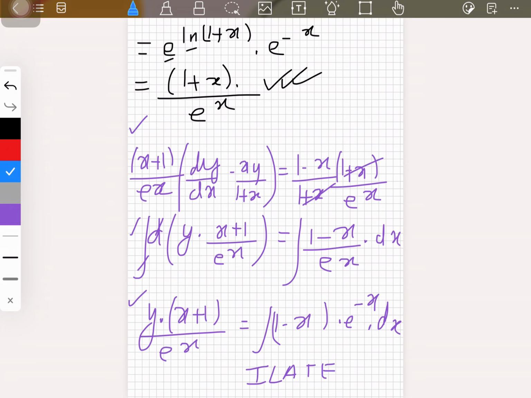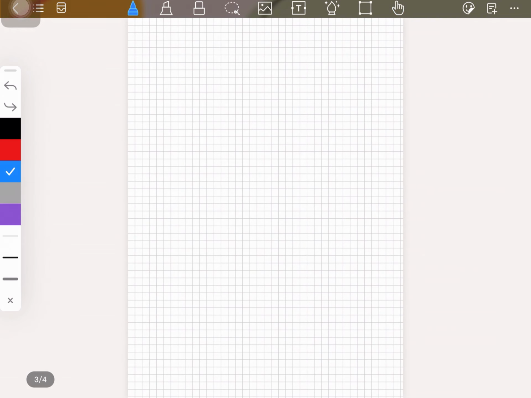The ILATE rule tells us which term to be considered as u, which should be differentiated, and which should be integrated in the formula. A stands for algebraic, that's right, and E stands for exponential. So this is E and this is algebraic. So we are going to integrate this term and differentiate this term. Let's move to the next page.